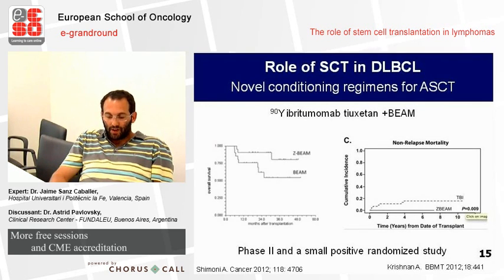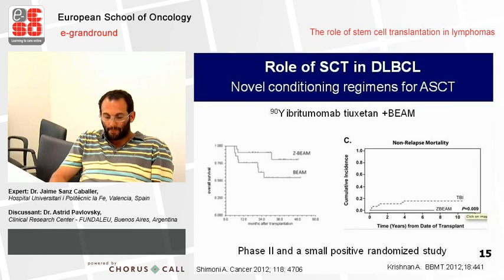Slide number 15. The addition of Zevalin has shown interesting phase 2 data. One phase 3 trial of 43 patients comparing Zevalin plus BEAM with BEAM indicated a significant overall survival advantage, 91% versus 62% overall survival at 2 years, for the Zevalin plus BEAM group.